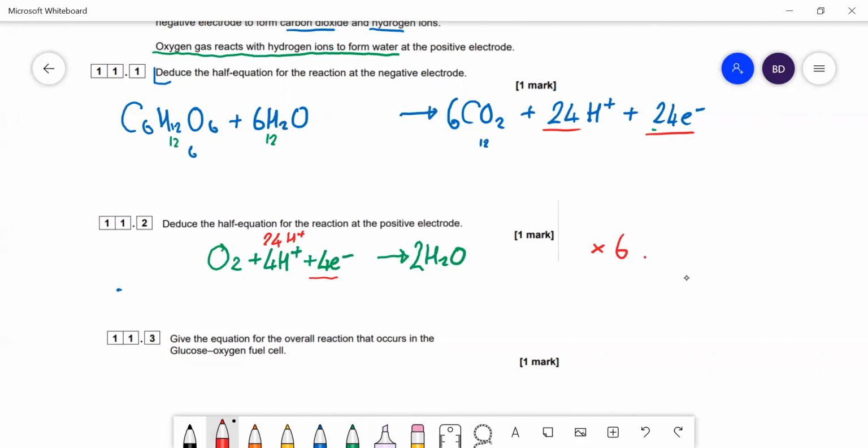The overall equation is going to be glucose, C6H12O6. We have to times this one by 6, so we've got 6 oxygens there. All the protons are going to go. So basically it's the equation for respiration, 6 CO2 and 6 H2O.